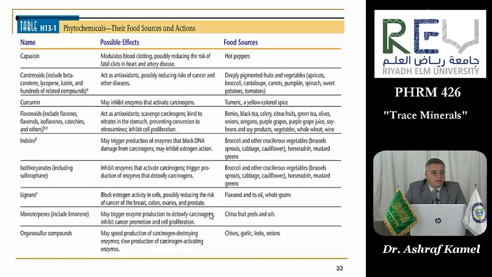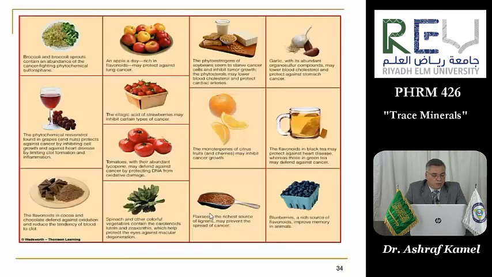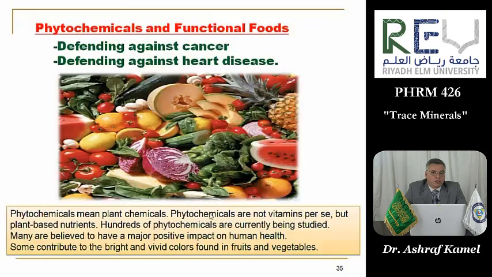We have the capsaicin, carotenoids, curcumin, flavonoids, indoles, isothiocyanates, lignans, monoterpenes, and organosulfur compounds. And we found these phytochemicals mostly found in the vivid colored vegetables and fruits.